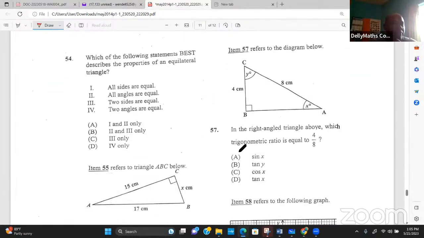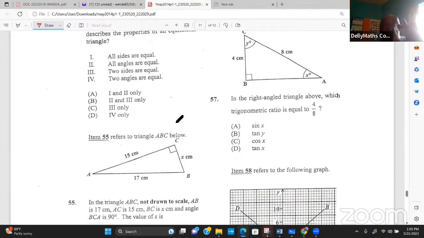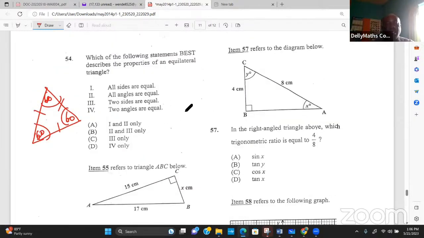54. Which of the following statements best describes the property of an equilateral triangle? Reminder, an equilateral triangle has all three sides equal, which means all three angles will be the same, 60 degrees. Let's see what they're saying and pick the best responses.